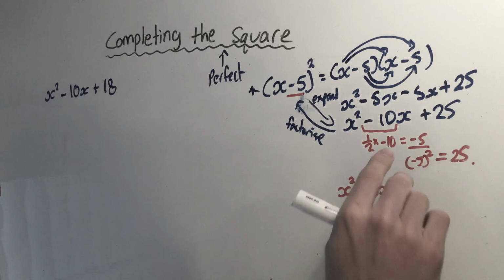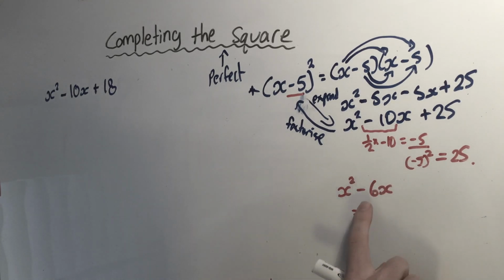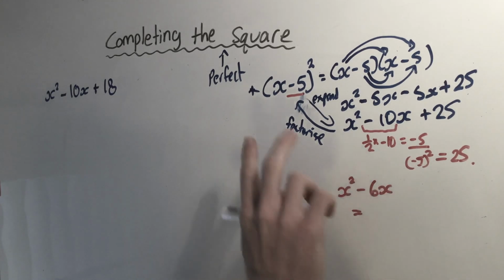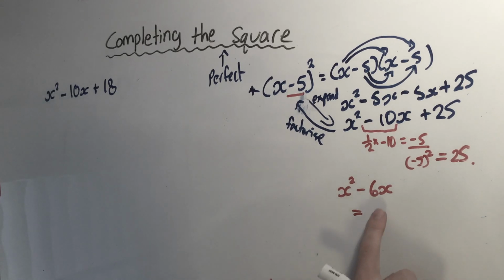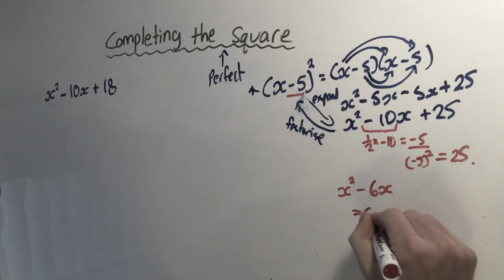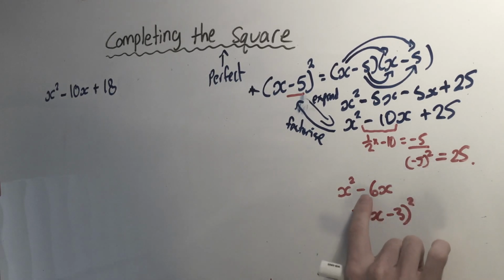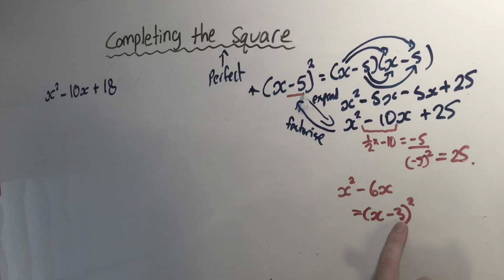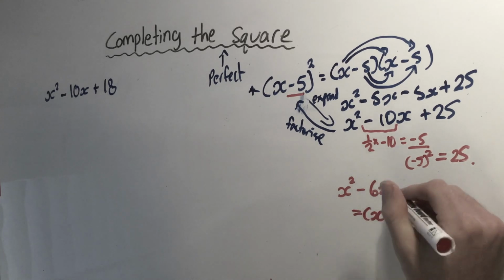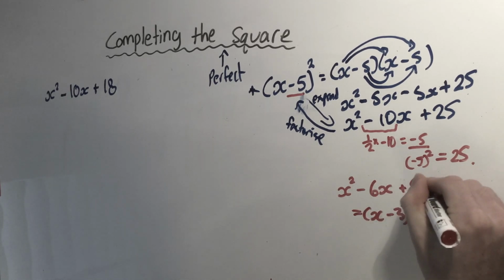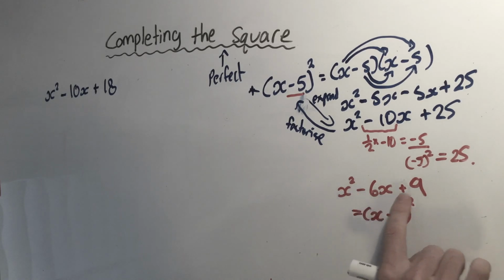Because remember, if it was a perfect square originally, we would have doubled the two terms in the bracket together. So I'm going to halve it to take it back to minus 3. That means minus 3 would be in the bracket like that. And we know that minus 3 squared, the number that I've just put in there, is 9. So x squared minus 6x plus 9 is this perfect square.